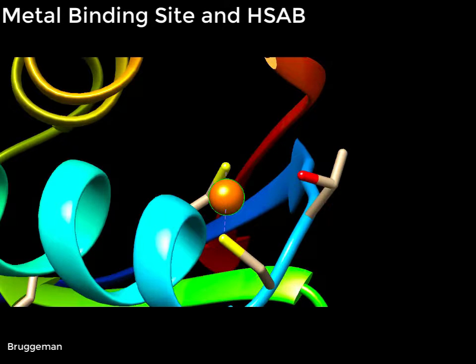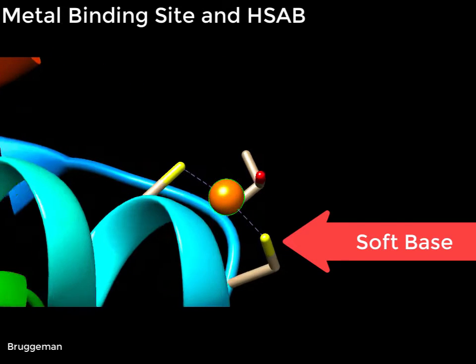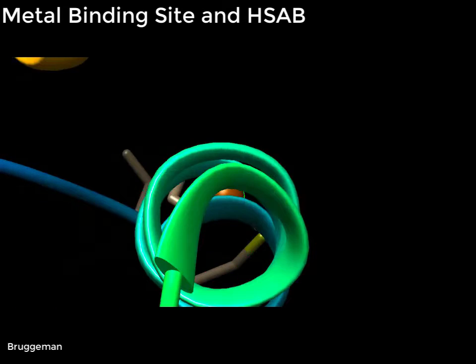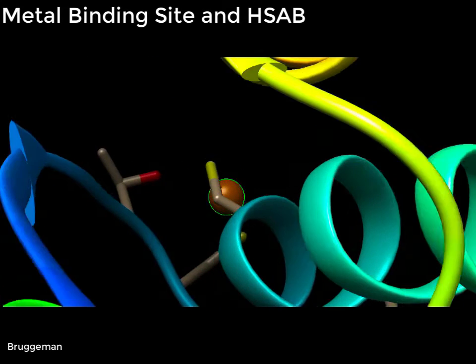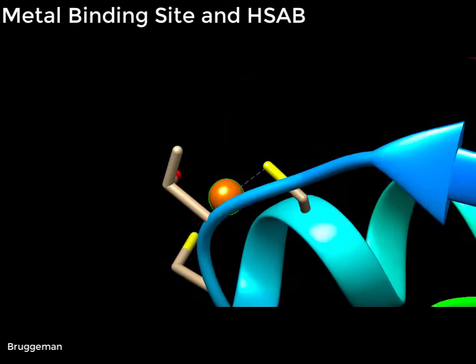The binding site of ATX1 is characterized by two cysteine residues, which contain a terminal sulfur when deprotonated. Also due to the atom's radius and large charge, sulfur is considered a soft base. The hard-soft acid-base theory follows the convention that soft bases prefer to bind with similarly soft acids.